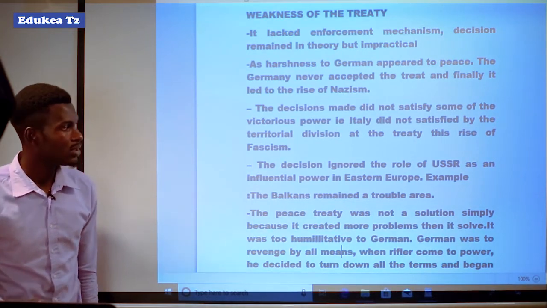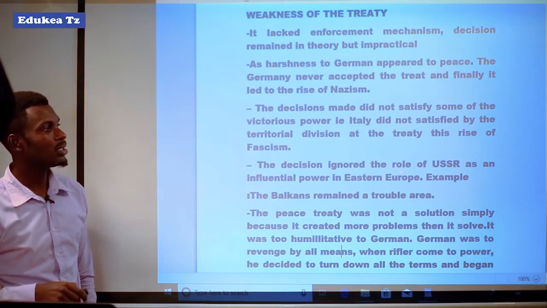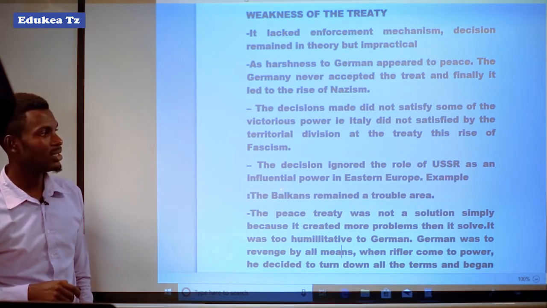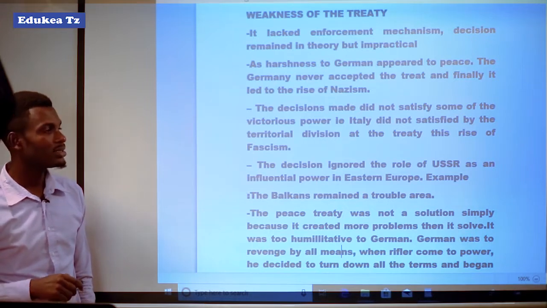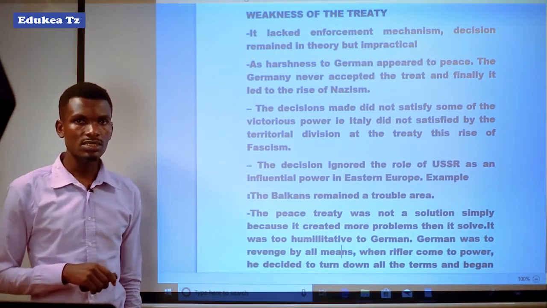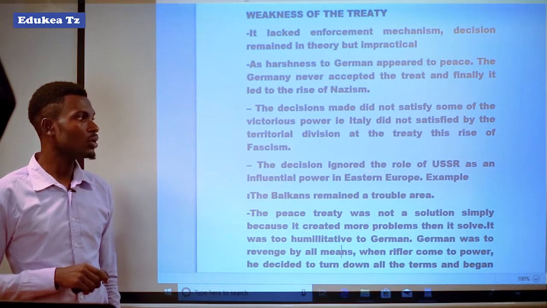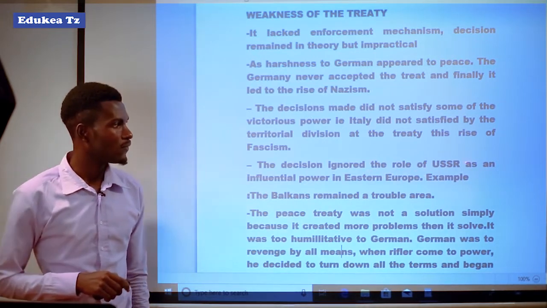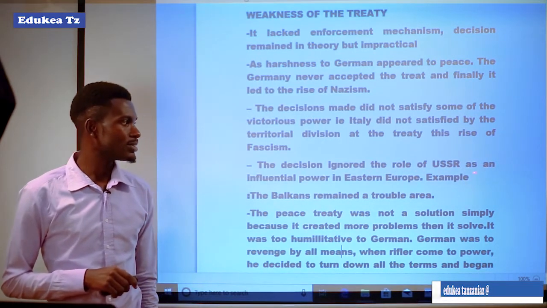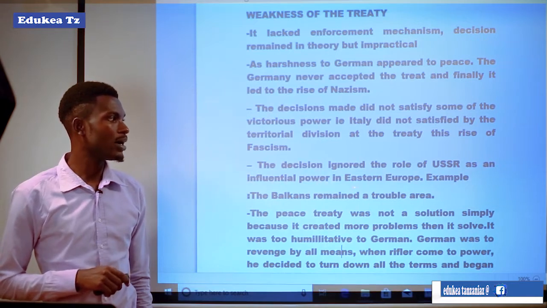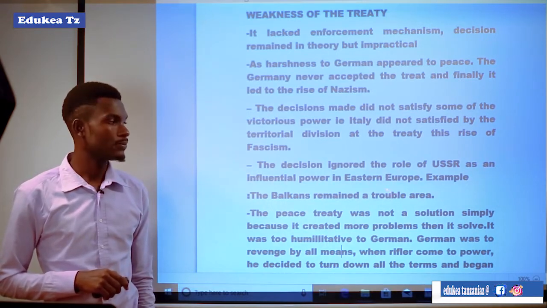But also, the decisions ignored the role of the USSR as the influential power in Eastern Europe.